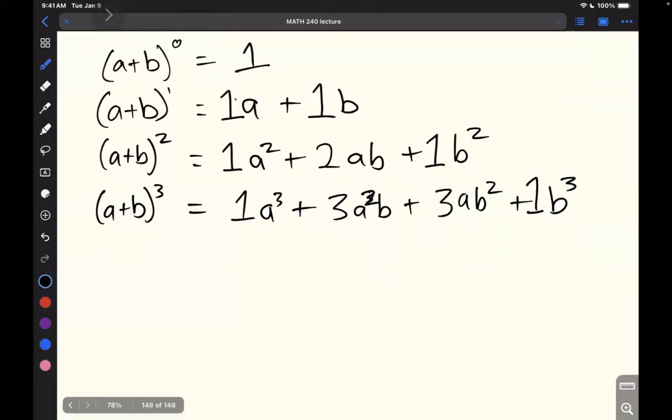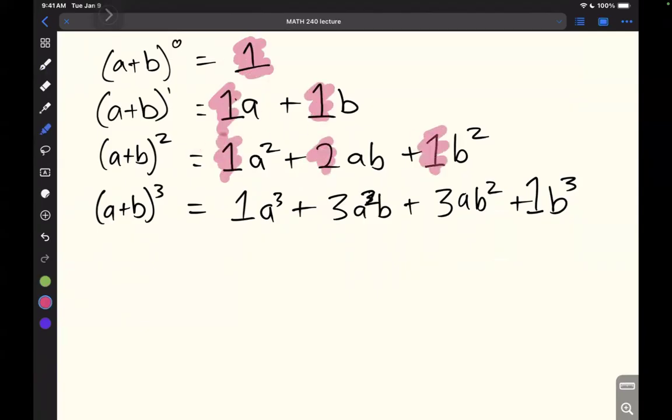So we're looking at these numbers: that's a 1, that's a 1, 1, 2, 1, 1, 3, 3, 1. And the term for these numbers is coefficients, right? This is the number that gets multiplied by the term.